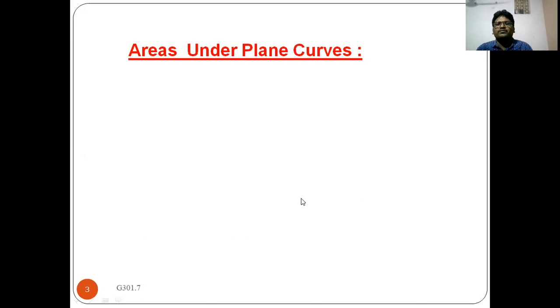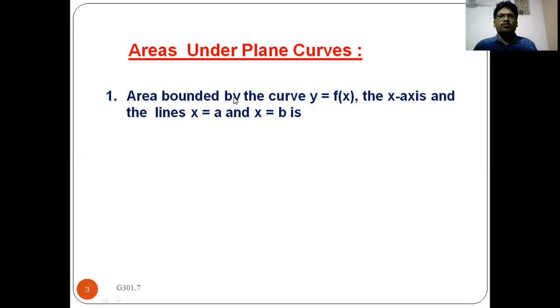So first we have to find the region of the curve. How to find the region of the curve? I will explain now. The area bounded by the curve y is equal to f of x, the x-axis and the lines x equal to a and x equal to b. Here the curve y is equal to f of x about the x-axis is given, and the lines x equal to a and x equal to b are also given.